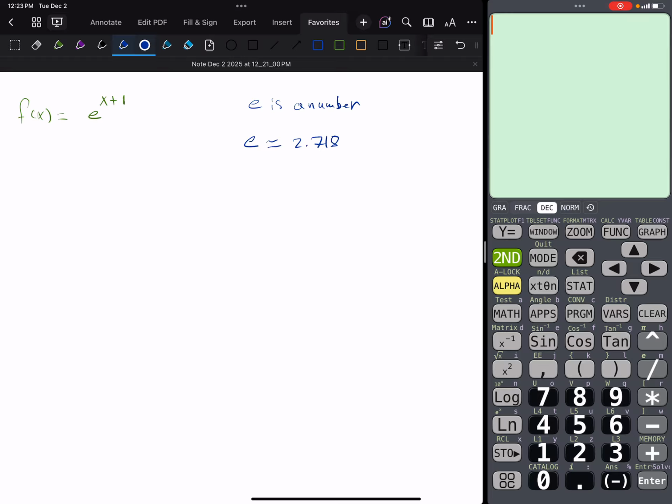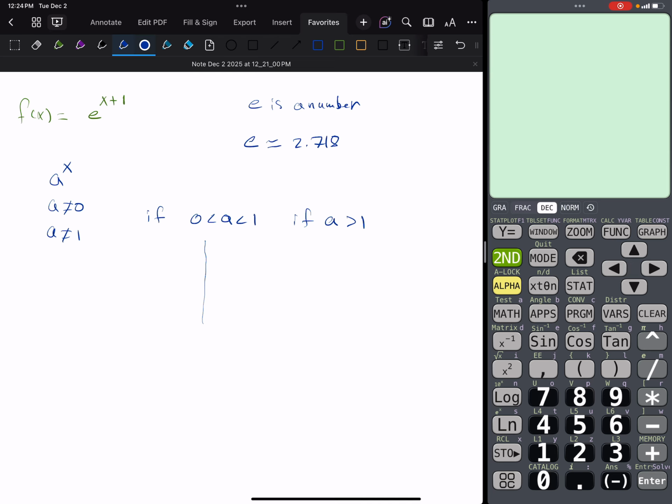All right, so since we know e is a number, and we know that it's important when sketching exponentials to know what the value of our base is, because exponentials look different, right? So I've got an a to the x, and a is not allowed to be 0, a is not allowed to be 1, and if a is between 0 and 1, it looks like one graph, and otherwise, if a is greater than 1, it looks like a different graph, right?